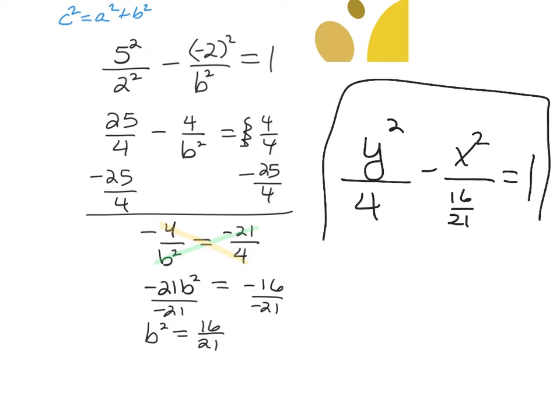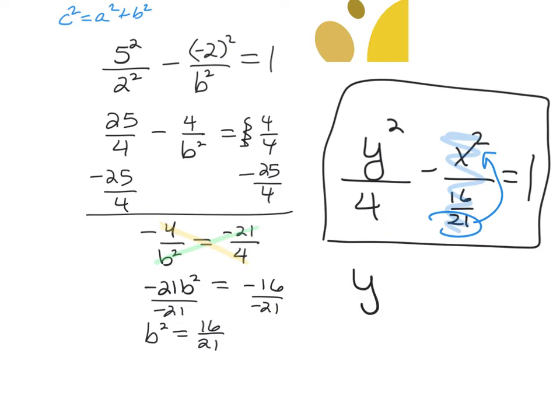Now, this looks bad. You really shouldn't leave a fraction in a fraction. However, some standardized tests leave it like this. However, others are actually going to divide this second fraction here and do a keep-flip-change and basically just move the 21 to the top.